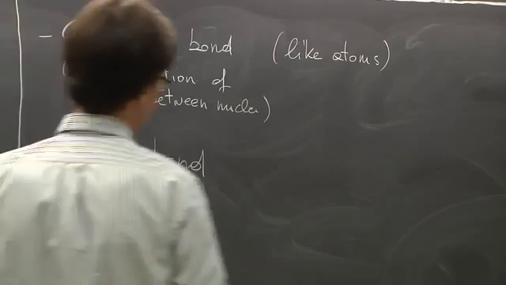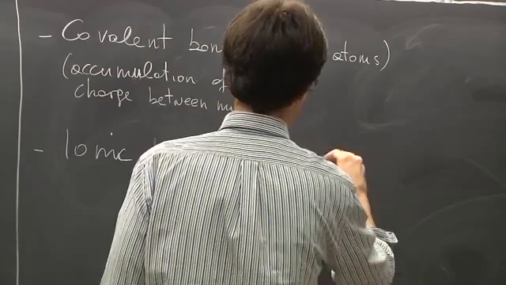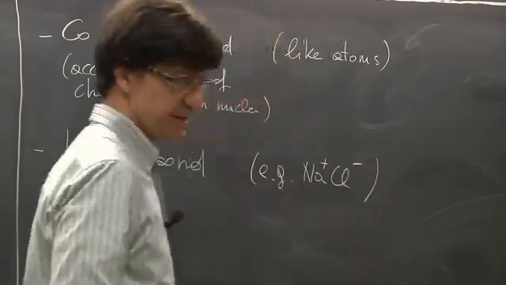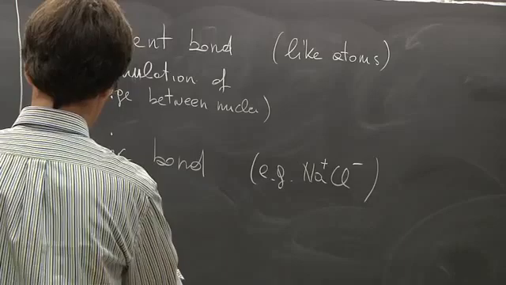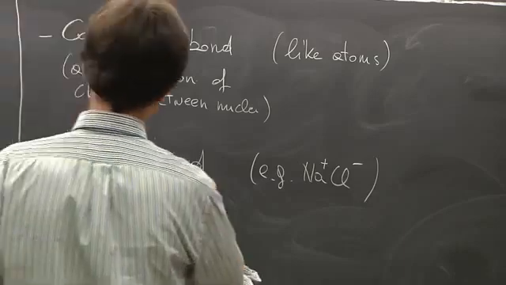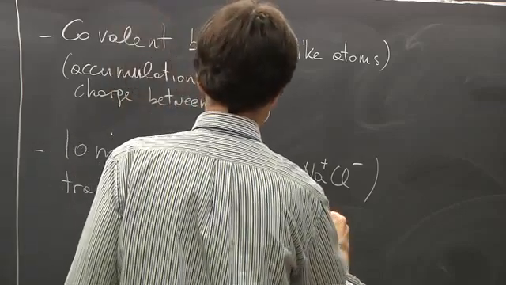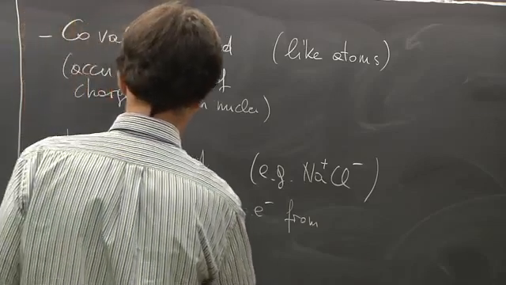Right? So this is really, for example, sodium chloride. The 2 atoms, sodium transfers an electron to chlorine, which becomes negatively charged, and sodium becomes positively charged. And this is really a transfer of 1, 2, 3 or something electrons from one atom to another.